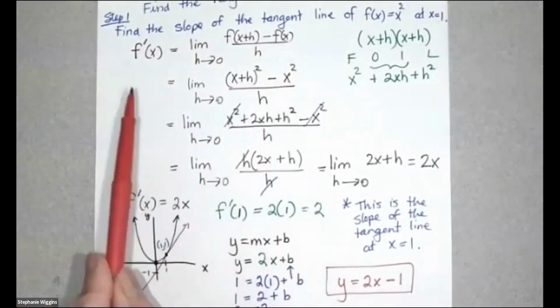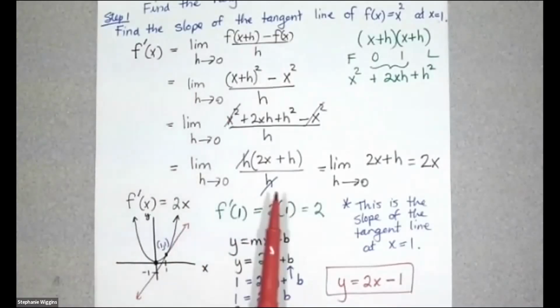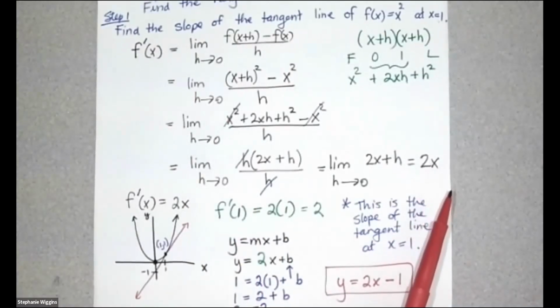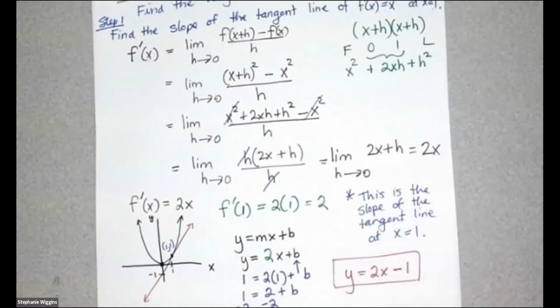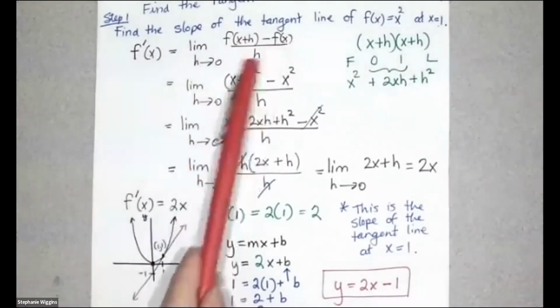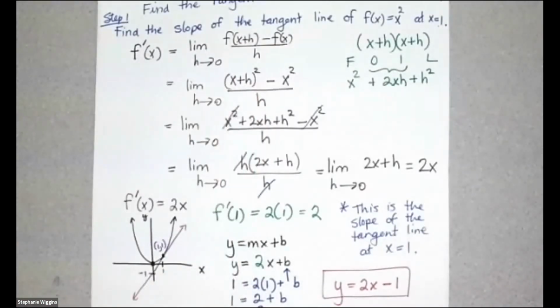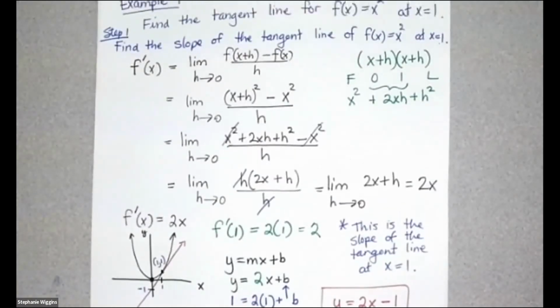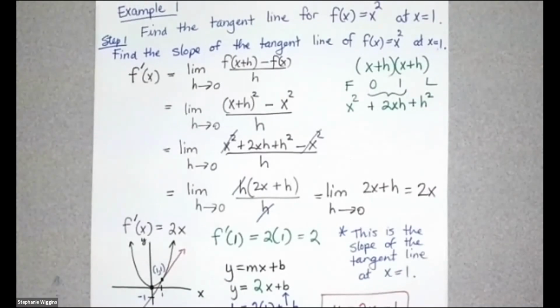So here I'm calculating it by hand directly from the definition. But if you apply the definition to different types of functions, you'll see there are rules that you can follow, and it saves you a lot of steps of messy algebra and things like that. So that is how you find the tangent line for a function given a point.